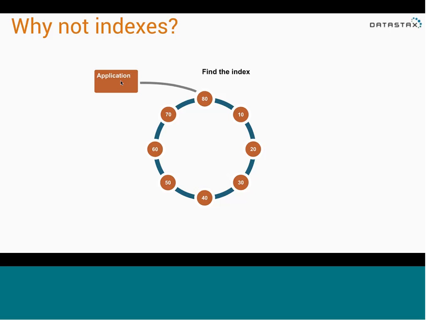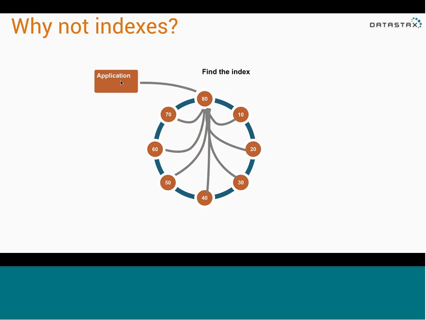So node 80 up there is going to take all the data for user IDs in the range of 80 and index it. If you're looking for a specific email address like Rachel@datastacks.com, the coordinator node isn't going to know where that data exists. So it has to ask that node and that node and that node, until it finds Rachel@datastacks.com, because it only exists once. That seems like a whole lot of asking for not a whole lot of return, and it's going to get worse as your cluster gets bigger.